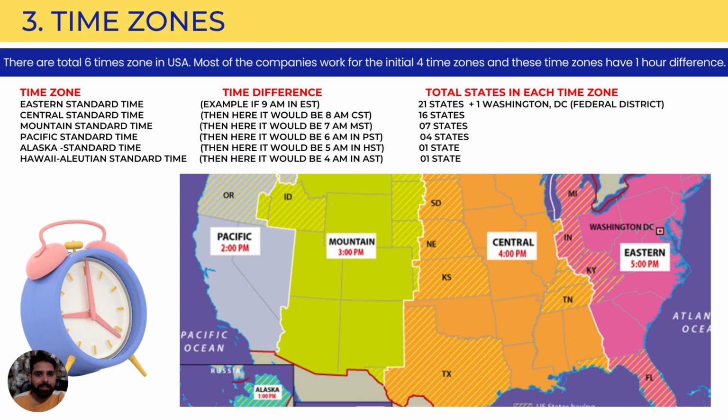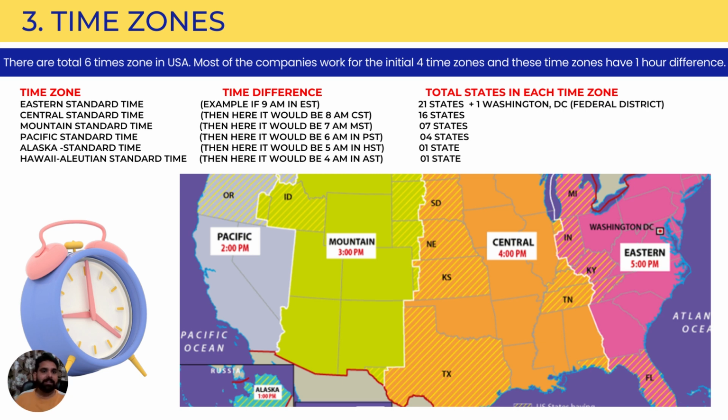Now, I will give an example in the particular table. Usually we start our shift from 9 a.m. Eastern, or maybe if a candidate or recruiter is working in Central, then 9 a.m. Central, or Pacific accordingly. I'm just taking an example of 9 a.m. Eastern. So there would be 8 a.m. in Central, 7 a.m. in Mountain, 6 a.m. in Pacific, 5 a.m. in Alaska, and 4 a.m. in Hawaii.